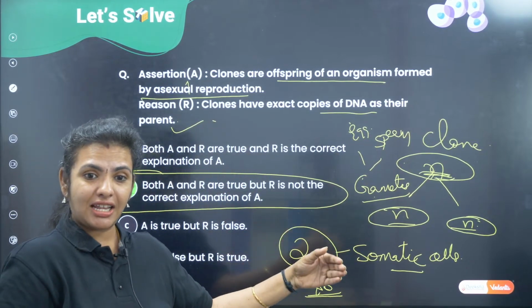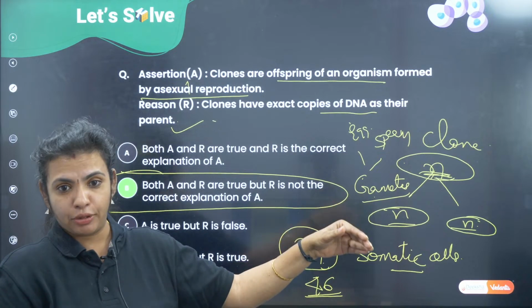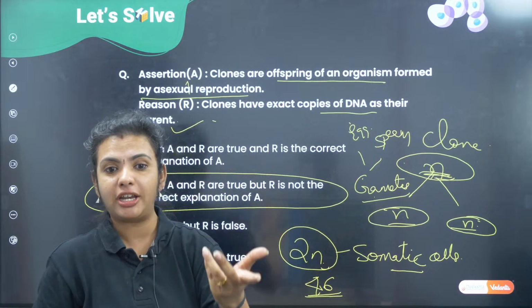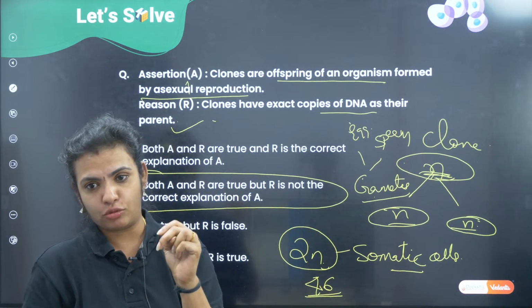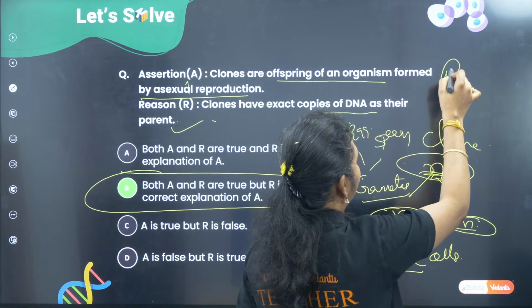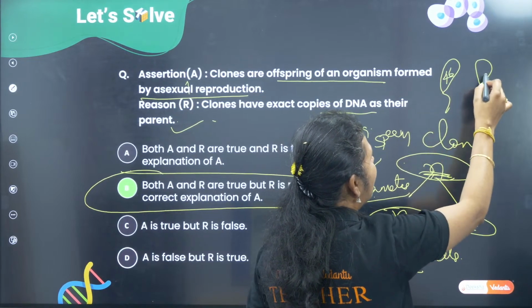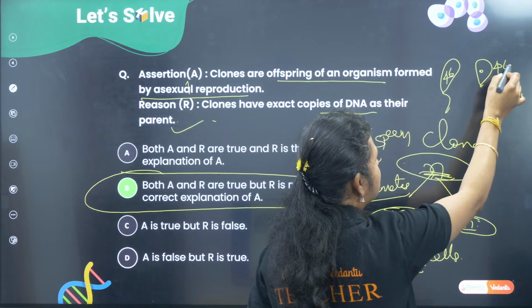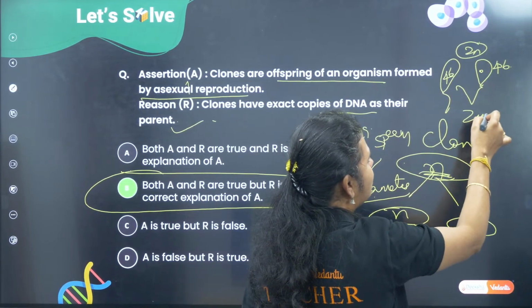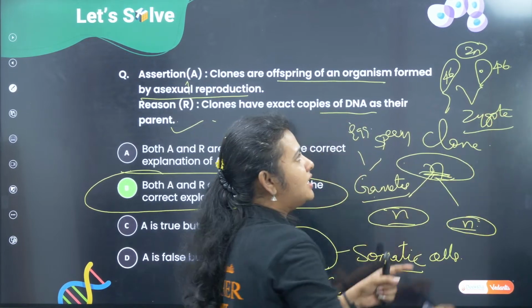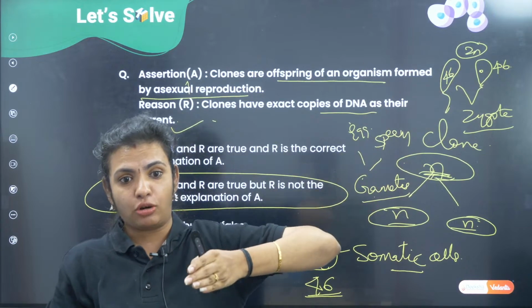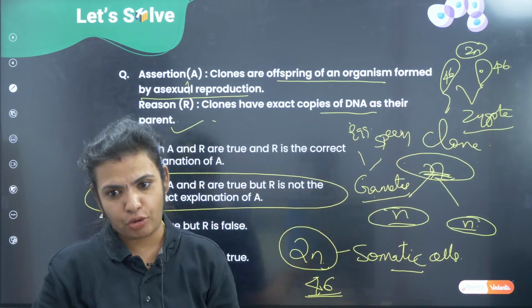Now why do we say that it is haploid and diploid? Let's imagine the sperm and egg to be diploid in nature, having double the number of chromosomes. So imagine I have a sperm which has 46 chromosomes and an egg having 46 chromosomes, that is the diploid condition. When I have a zygote, the zygote will have 46 plus 46, more than 80 chromosomes, which is highly impossible.